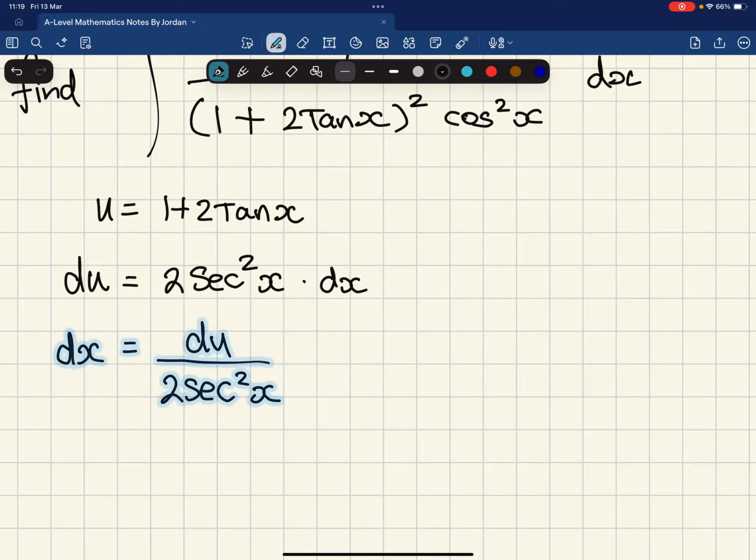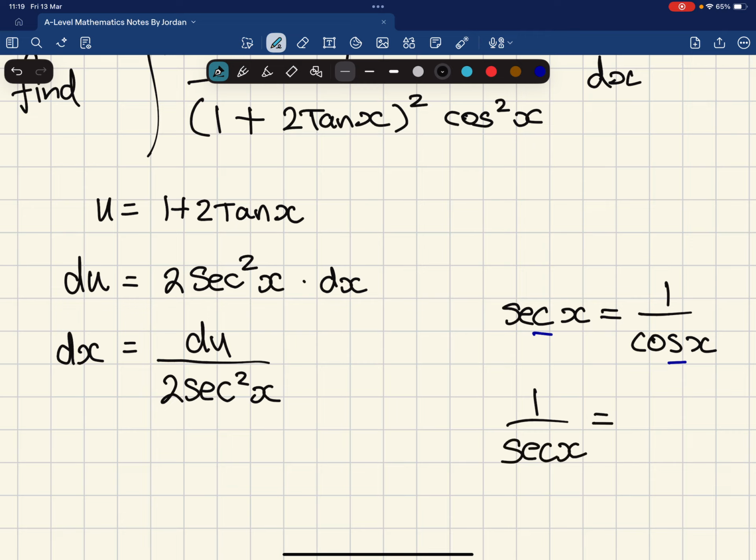And don't forget that sec x is 1 over cos x, which you can remember with the third letter. So that would mean then if you have 1 over sec x, that's cos x. So if I just attach a square there and a square there, you can see that this sec squared x can also be written as cos squared x.